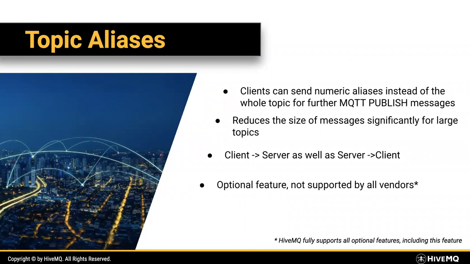Because the broker then creates a map basically of topic aliases. So you really send a few bytes over the wire instead of the actual topic string all the time. So if you have a use case where bandwidth is key, this really saves you money at the end of the day. And this is a very popular feature.